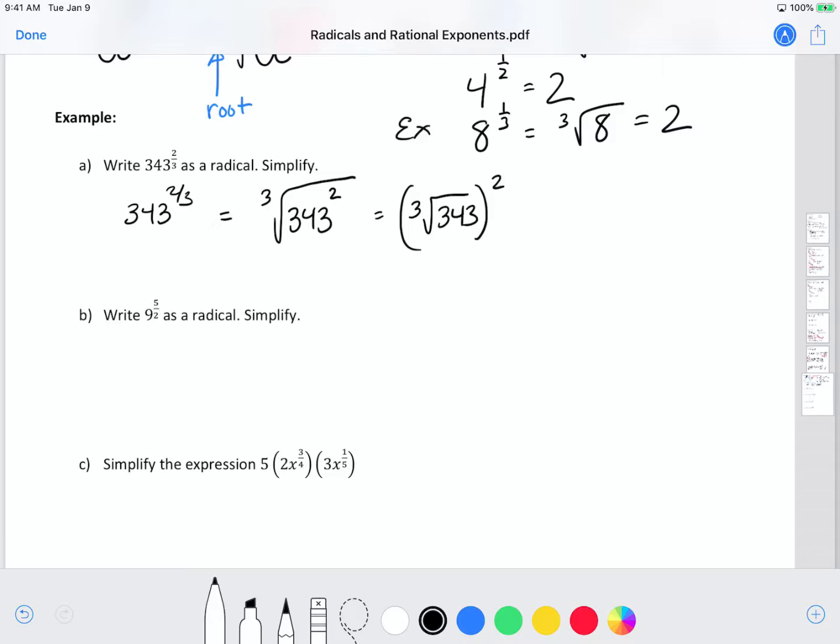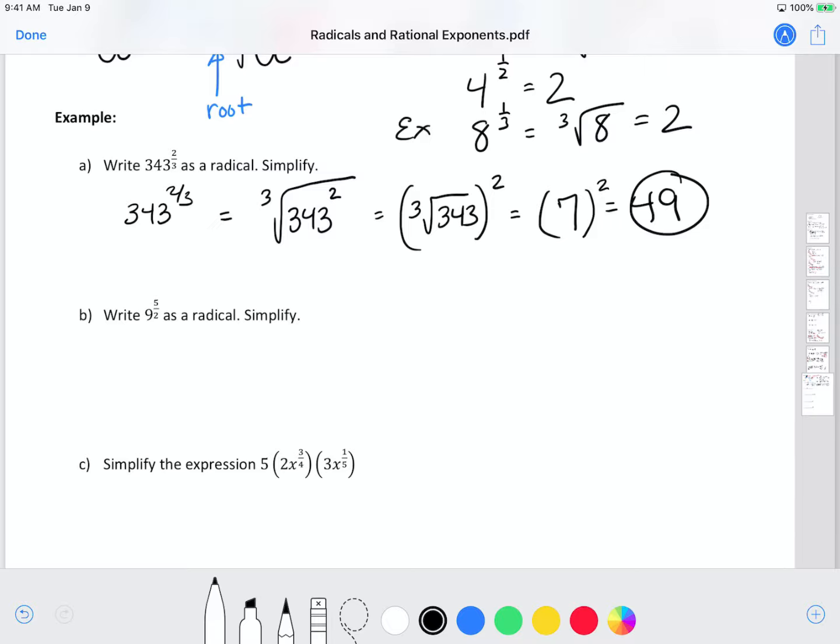If I take the cubed root of 343, that's 7, because 7 times 7 is 49, times 7 again is 343. And then when I square 7, that gives me 49. So if I wanted to take 343 and raise it to the power of 2/3, we would get 49. Now it says in example B, write 9 to the 5/2 as a radical and simplify.